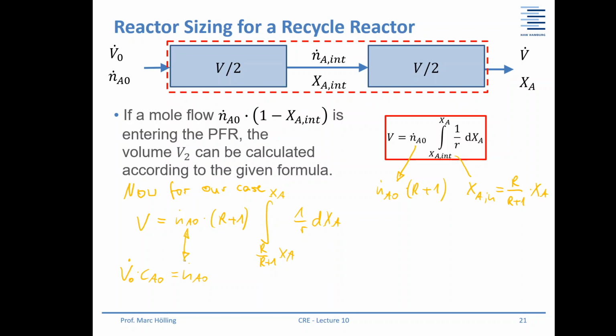If you combine these two expressions, then you can easily have your residence time, which is volume over your initial volume flow, the same as your inlet concentration corrected with R plus 1.